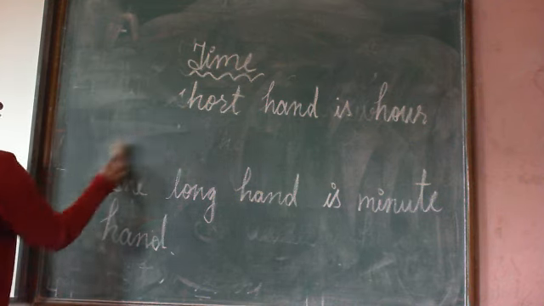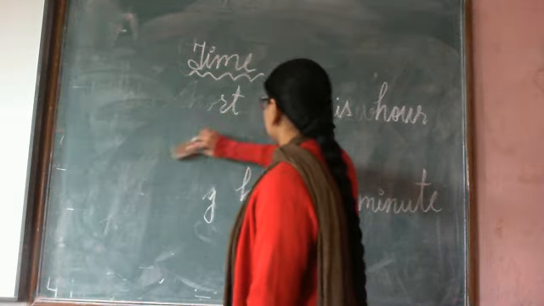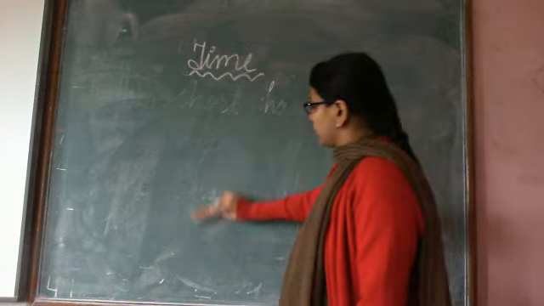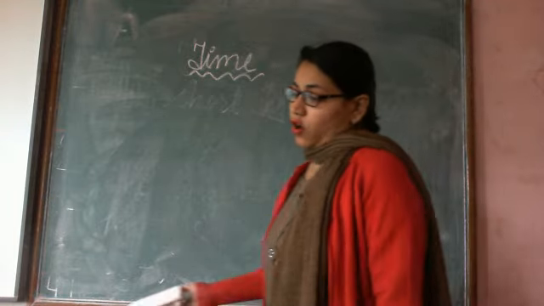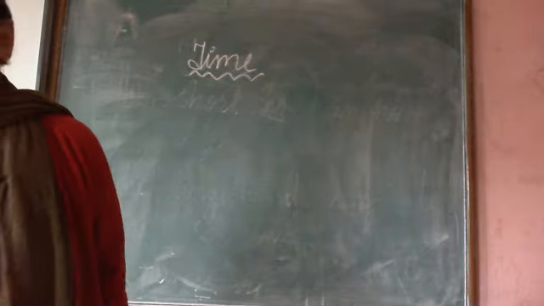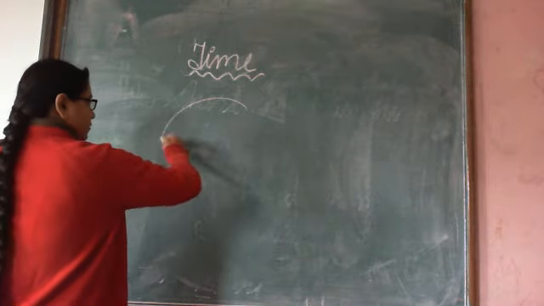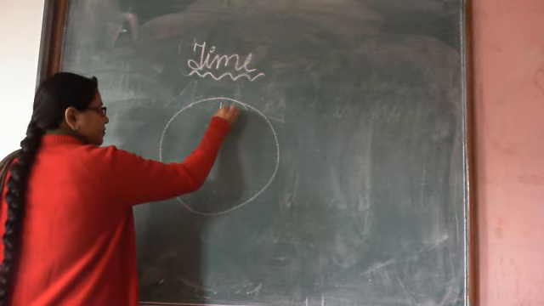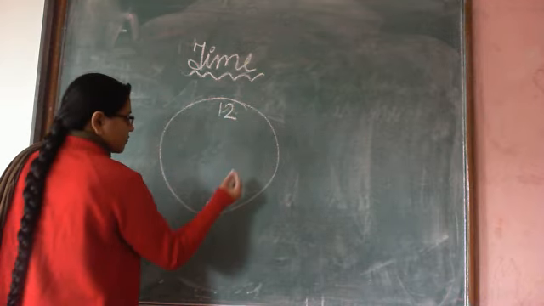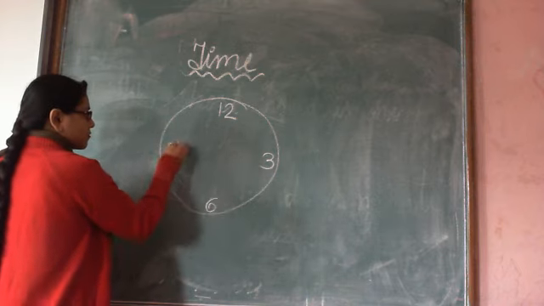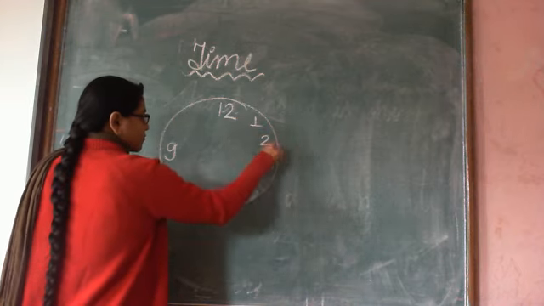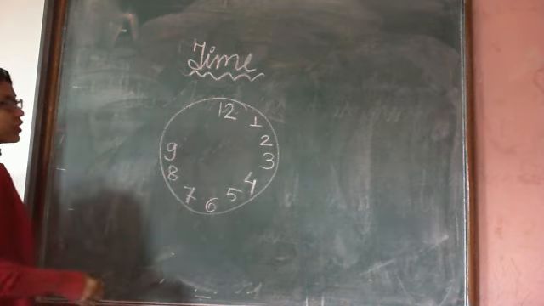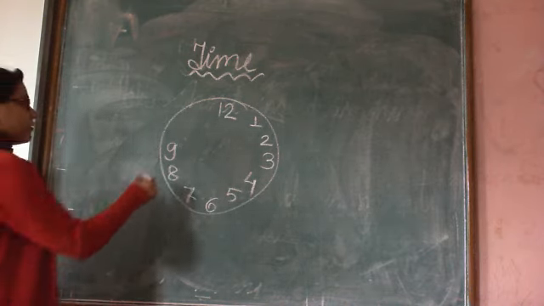I hope you are done now. So let's make a clock now. Make a proper circle. Mark all the numerals from 1 to 12.